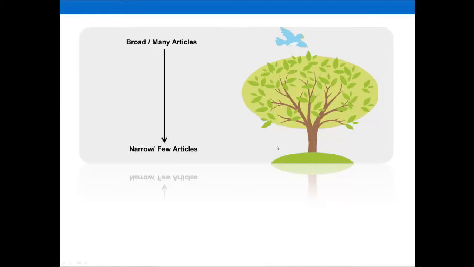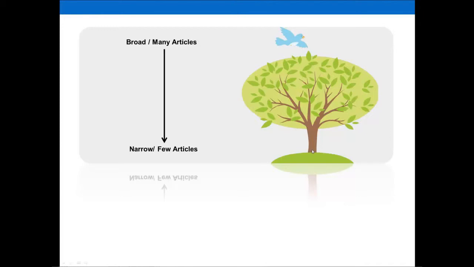You sometimes will want to start your search a little broad in order to ensure that you're getting every article that might be useful to you, instead of taking every one of your terms and making them as specific as possible to run you to the bottom of the tree. Because what you might find when you do that is that you end up with very few articles because you've really narrowed your focus.